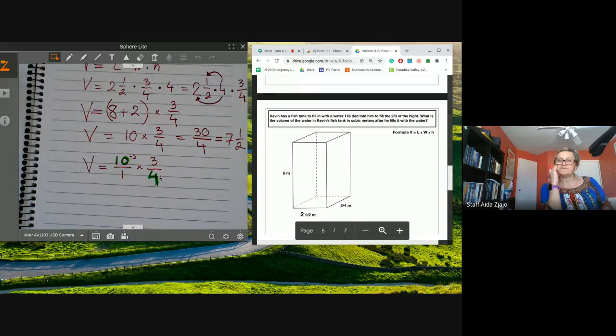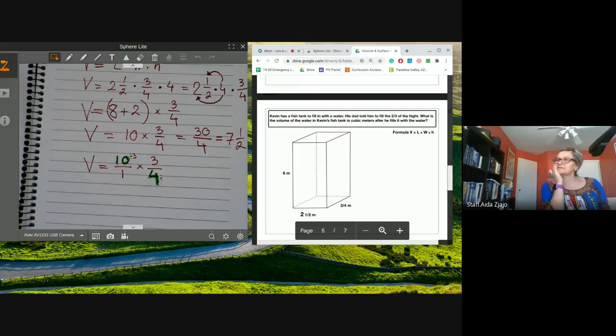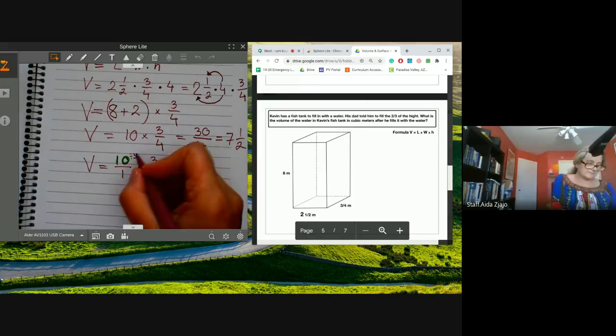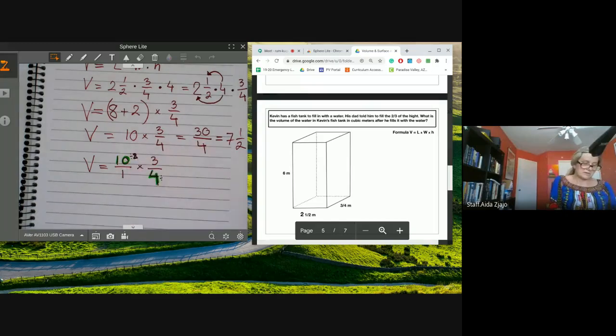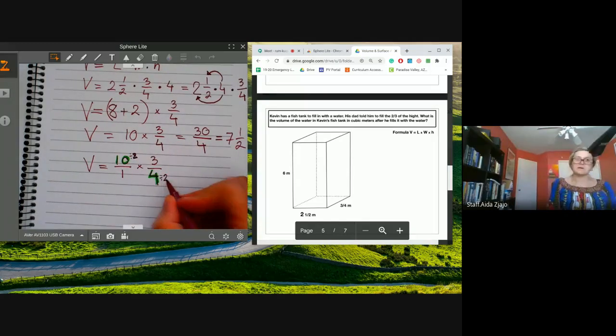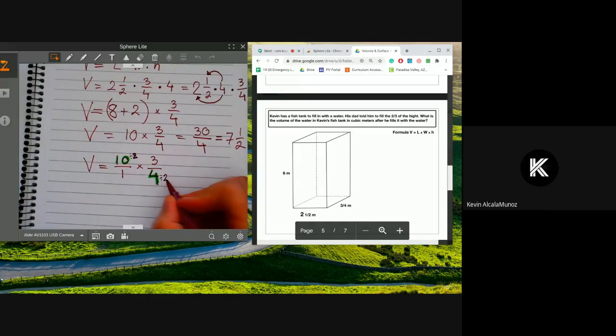Which number would be their greatest common factor? Come on, Kevin, what number can I divide 4 and 10 by? Do you see what I wrote?